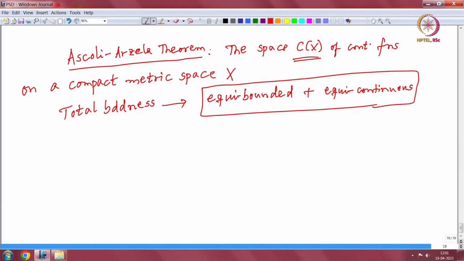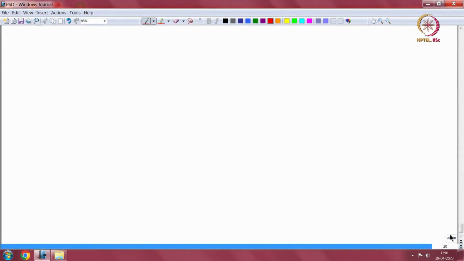The importance of compact sets need not be stressed. Whenever we find a sequence in a compact set, we can easily say that it converges. For that reason we always look for compact subsets. So with this, I will just state this.